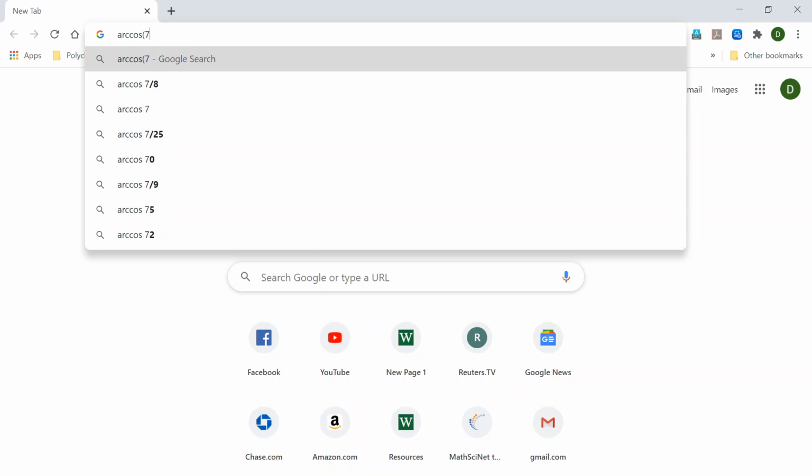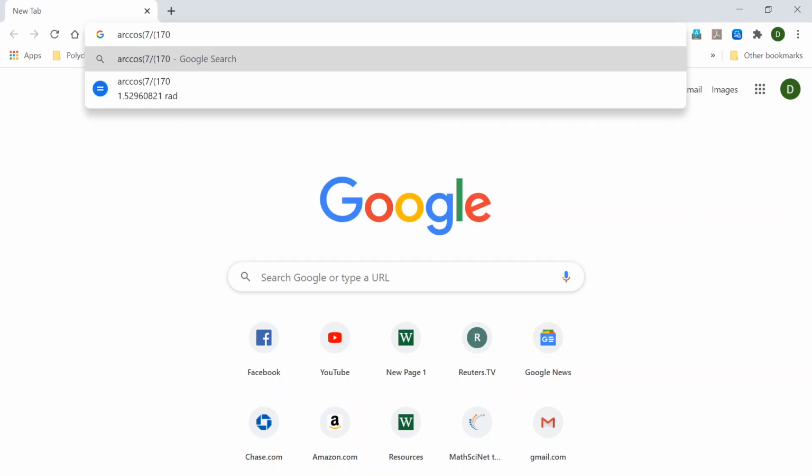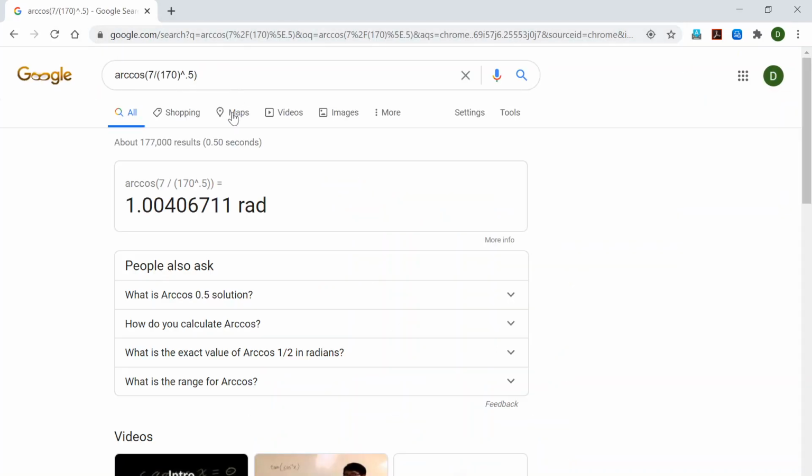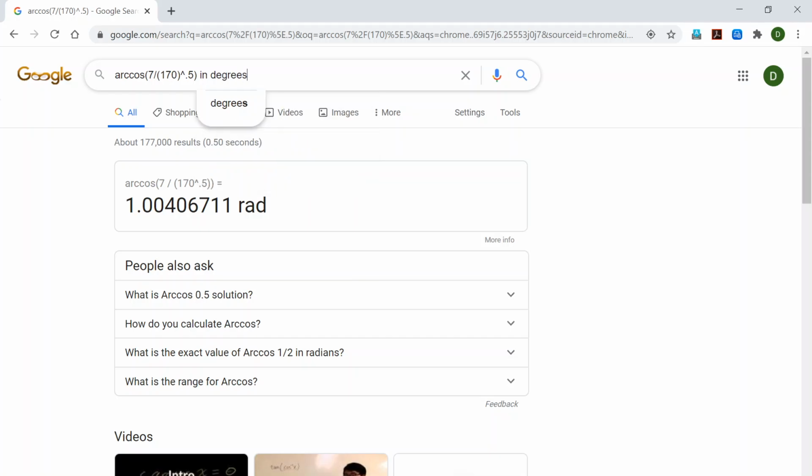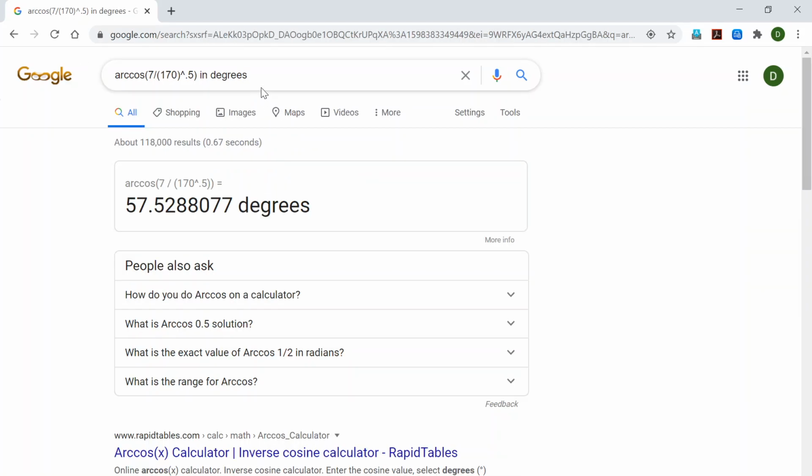I'm not sure. So 7 divided by 170 to the 0.5. Boom. So this is in radians. I would rather have degrees. 57.5288 degrees.